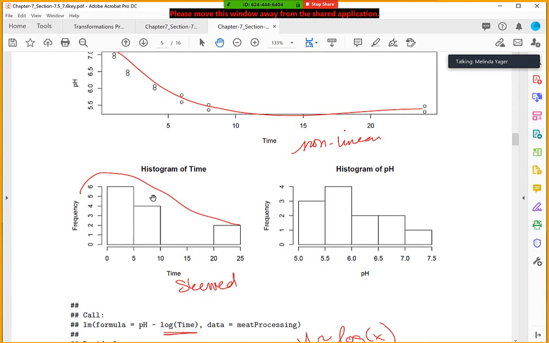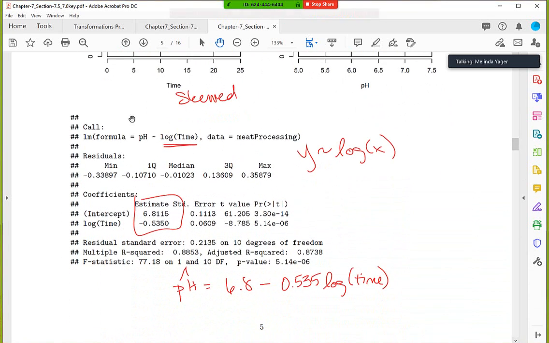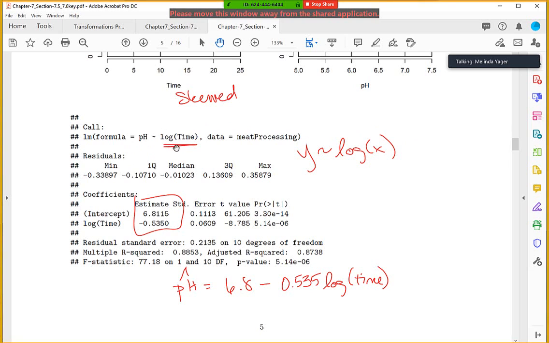So we can see that that explanatory variable time is right skewed. We might argue that there's a little bit of skewness here with our pH as well, but in this example, we're only going to transform the explanatory. So again, you can just see it in the R output because our Y variable is not being transformed, but the explanatory is.